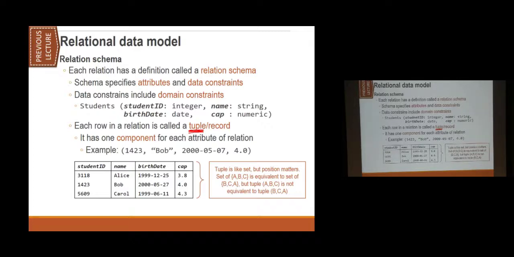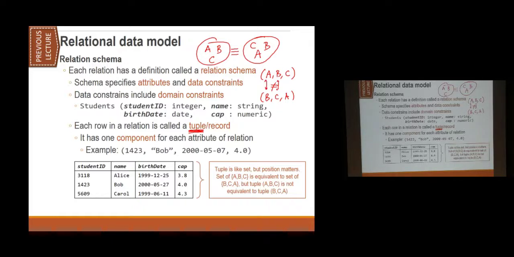If you look at 2 sets, A, B, and C, and another set containing C, B, and A, these 2 are equivalent sets. They contain exactly the same members. But this is not true for a tuple. In a tuple, A, B, C is not equivalent to B, C, A, because the position matters. You compare it position by position. All right?